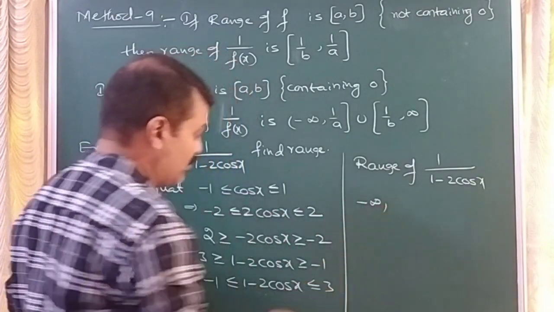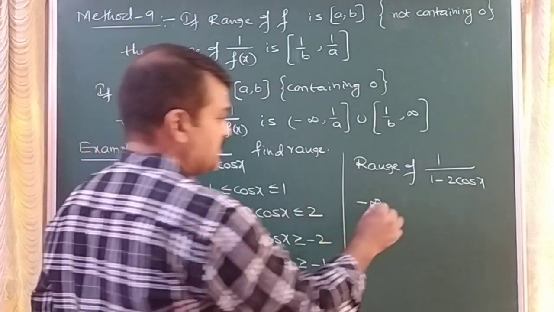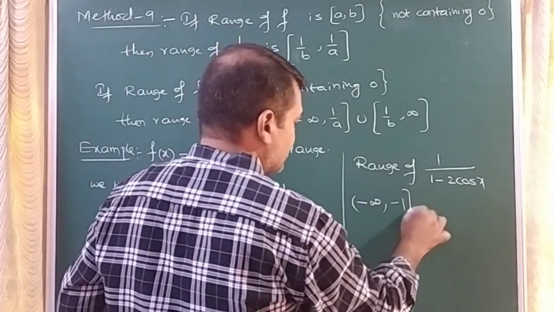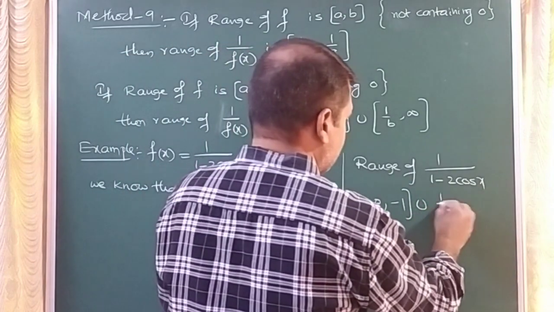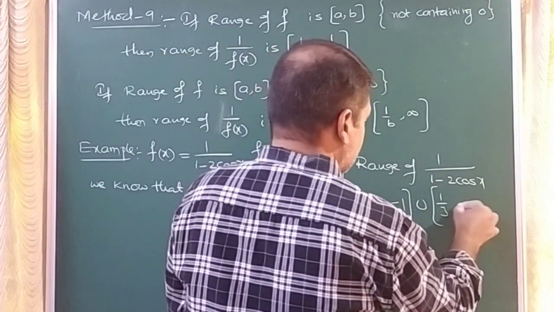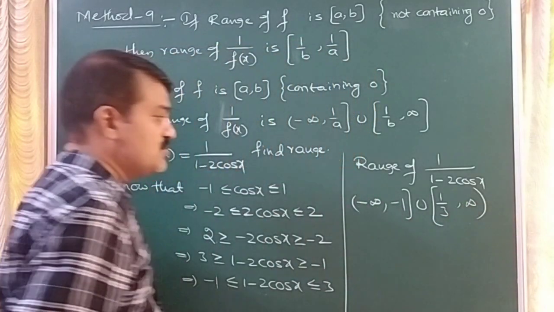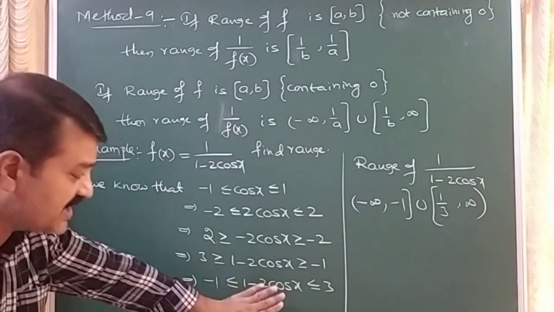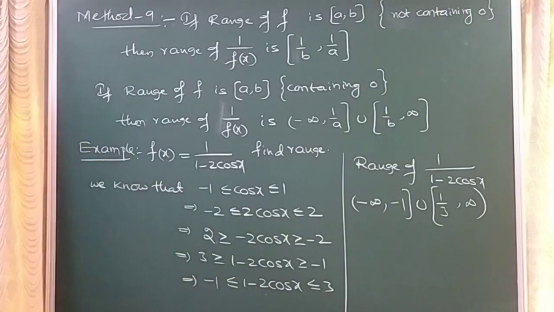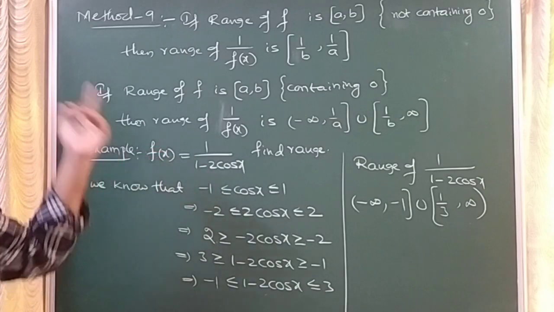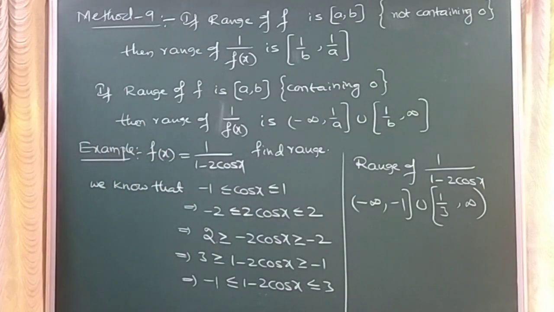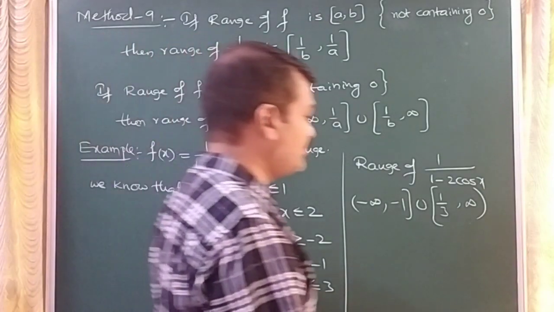Minus infinity to reciprocal of this, -1, union reciprocal of this number, that means 1 by 3 to infinity. So this is the range of reciprocal function of this one. Reciprocal function of this one itself is our required f of x. So that is the range of f of x now.